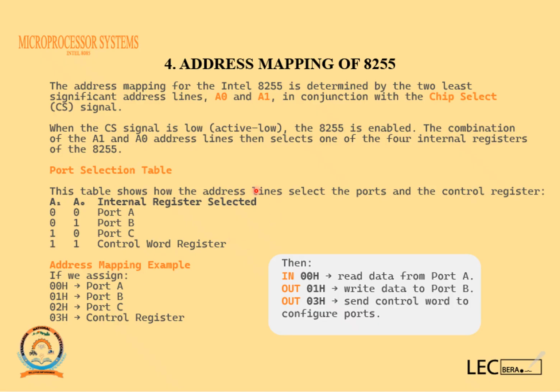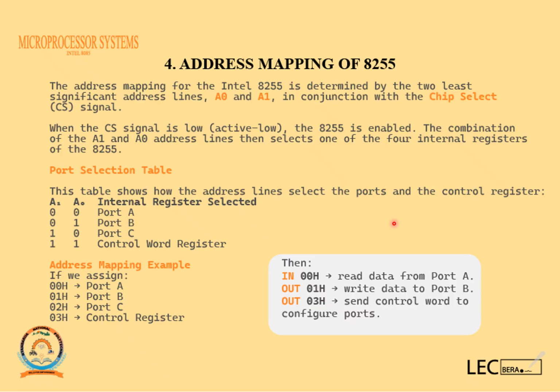Address mapping example: for a simple example, if I send 00H, which is a hexadecimal number, equivalent to 0 in decimal, then port A is going to be selected. If I send 01, port B; 02, port C; then 03, the control register.